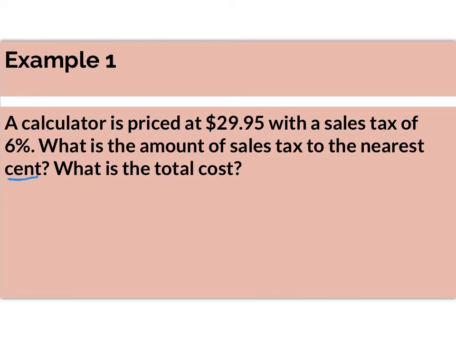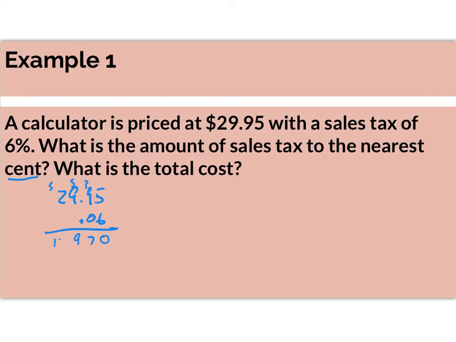So cent, meaning 1/100th. So we want to figure out what the percentage is. 29.95 times 0.06. So 6 times 5 is 30. 9 times 6 is 54 plus 3 is 57. 54 plus 5 is 59. 6 times 2 is 12.